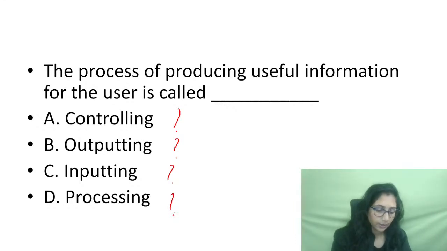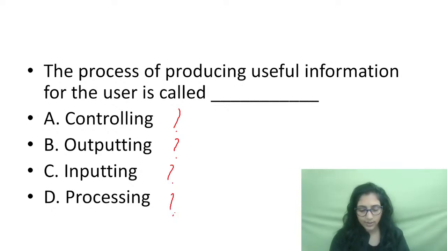And Amit is saying it is processing. Laksh is saying it is processing. Anybody else who has any other answer to give, or everybody thinks it is processing only? Yes, absolutely, both of you are correct.